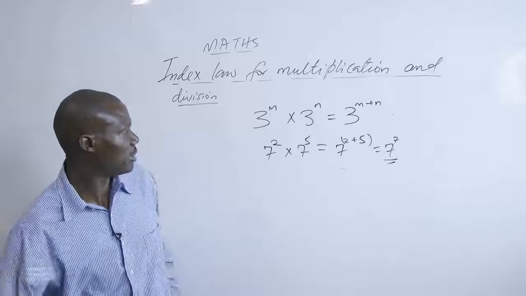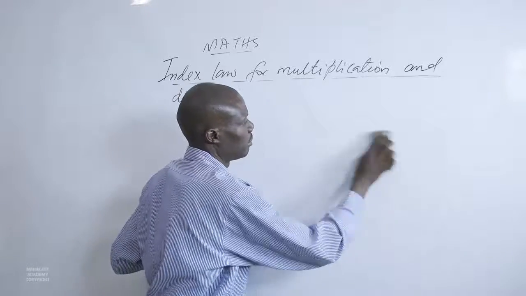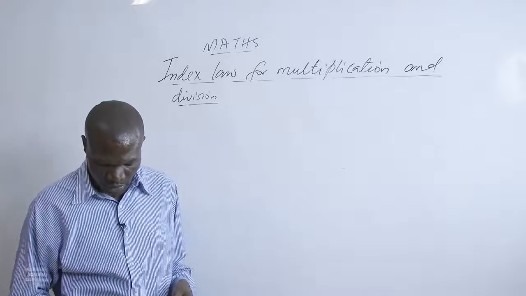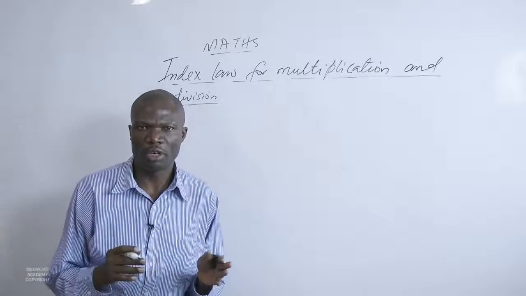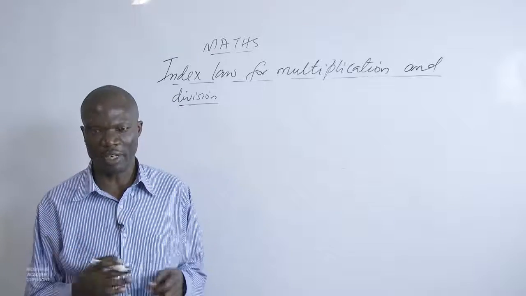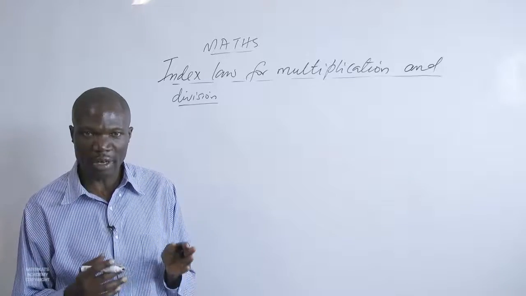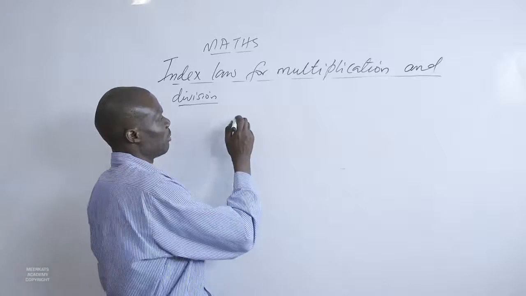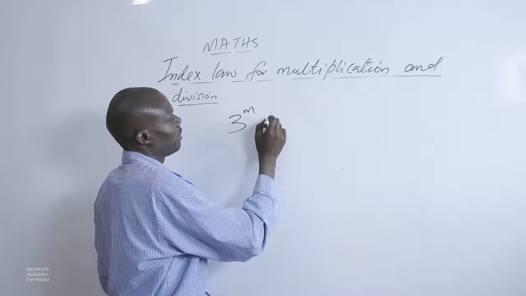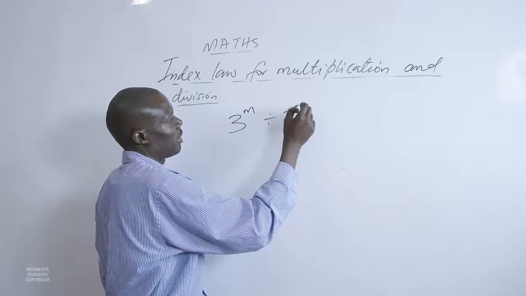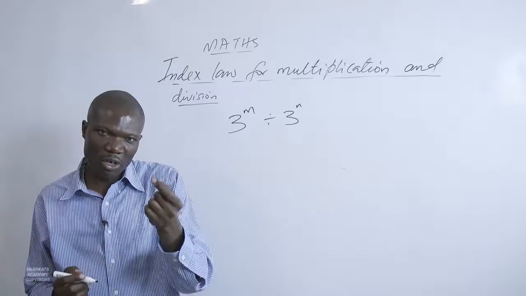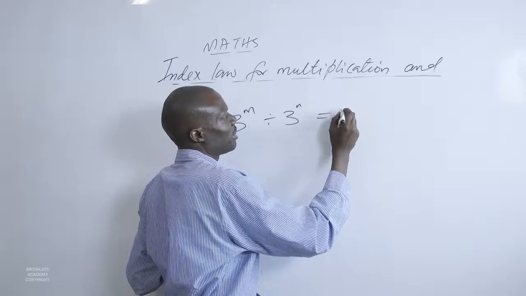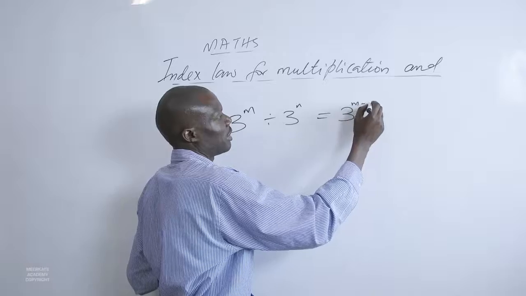For the division, the law of index about dividing is based on a similar idea, but the powers will be different. Take, for example, 3 power m divided by 3 power n. From what we have seen earlier, the law of division about index says this will be the same as 3 raised to m minus n.